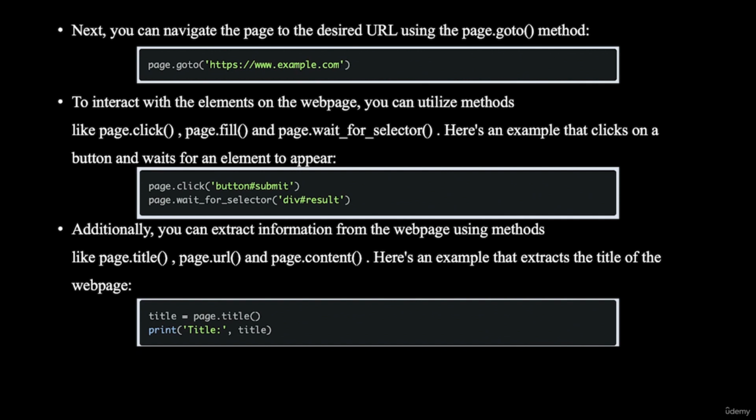So here is an example that clicks on a button and waits for the element to appear. And additionally, you can extract information from the web page using methods like page.title, .url, and .content. And here is another example that extracts the title from the web page.